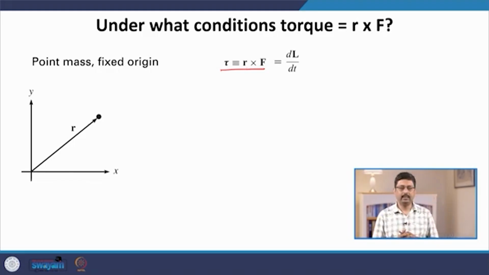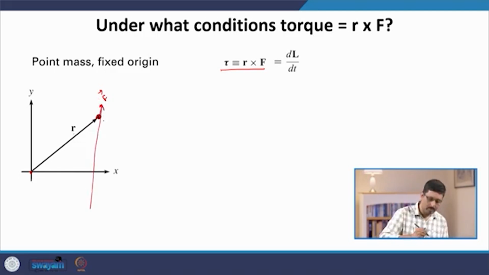Let us say we consider a single point mass with respect to some particular origin, which is fixed in space, and this is our coordinate system. This vector r is the position vector of this point mass, and let us say some force is acting in this direction. This is the line of action of the force. Then the torque due to this force about this pivot point, the origin, is given by this definition, r cross F.